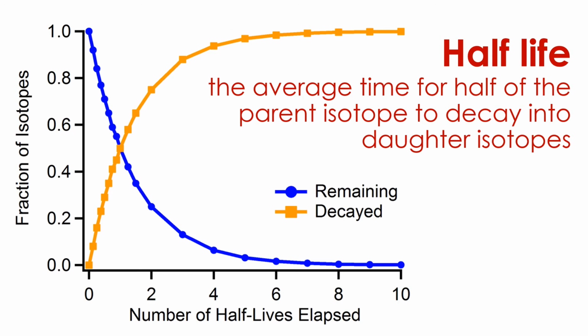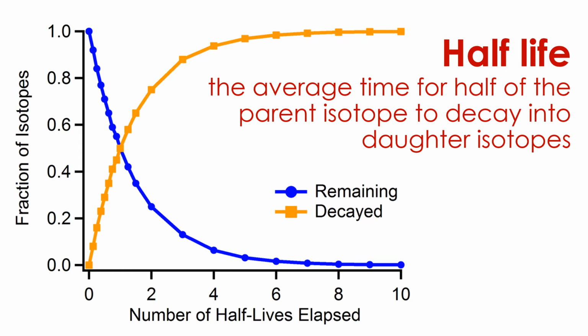This graph helps visualize the meaning of half-life. The horizontal axis is the number of half-lives, and the vertical axis is the fraction or percentage of all parent isotopes represented. Over time, these isotopes will either decay or remain in their unstable state.